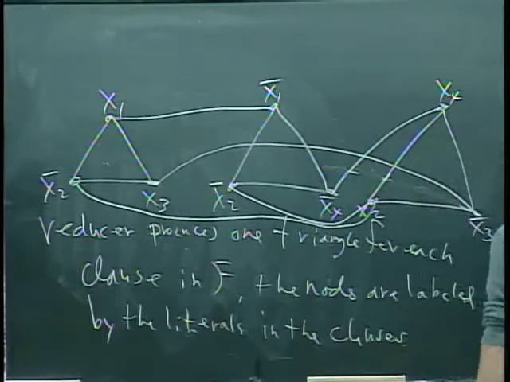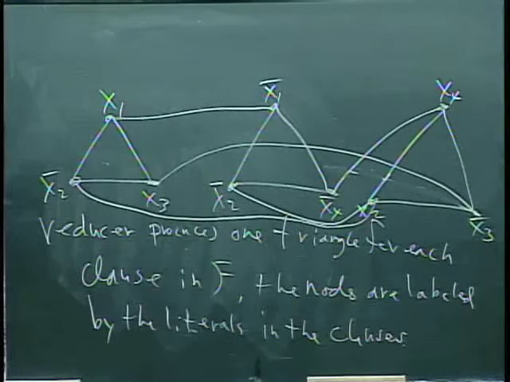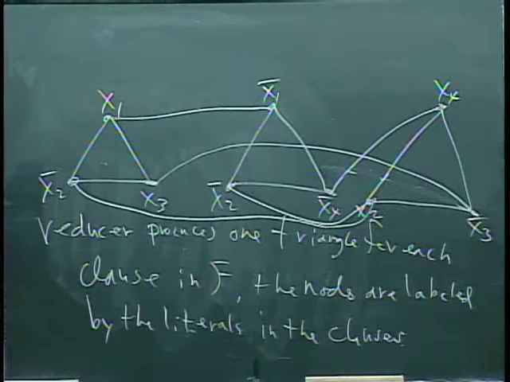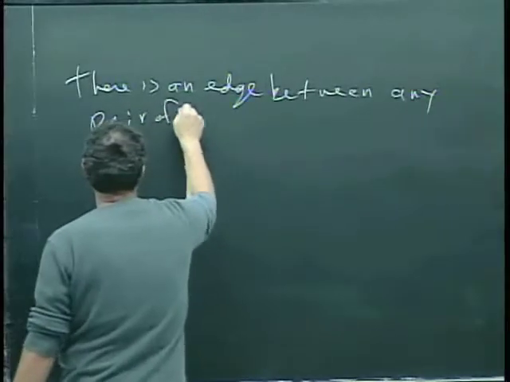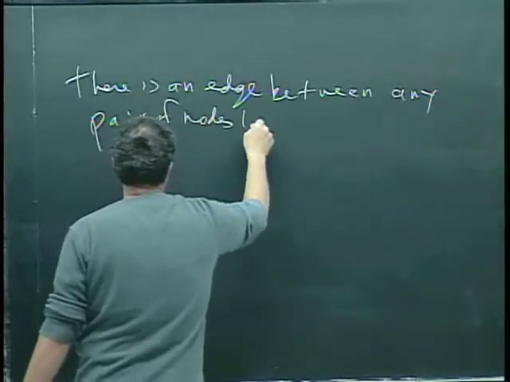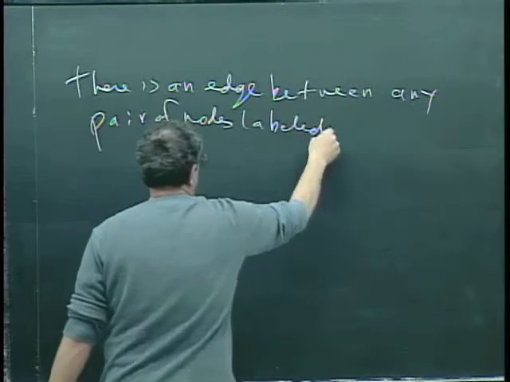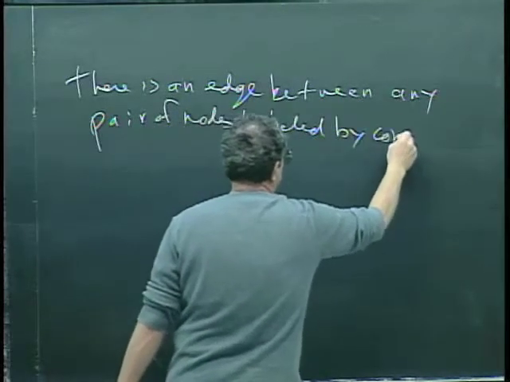So there is an edge between any pair of nodes labeled by complementary literals.